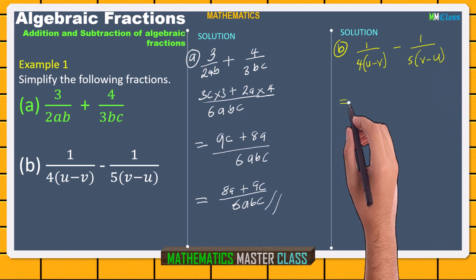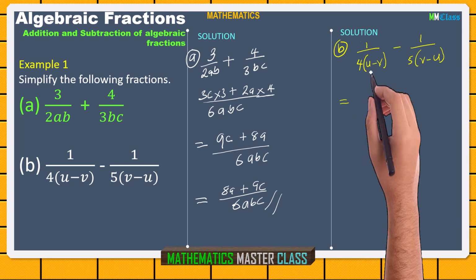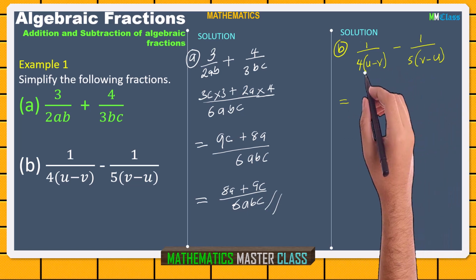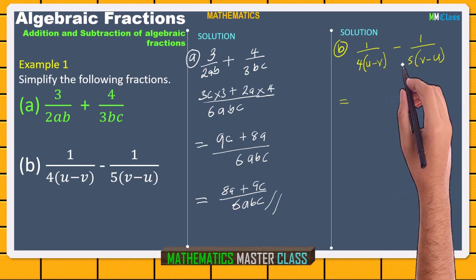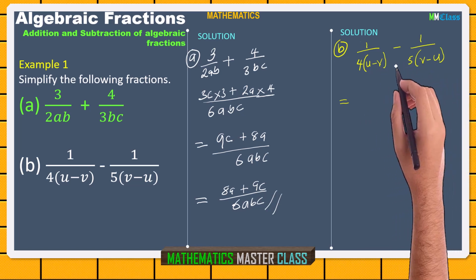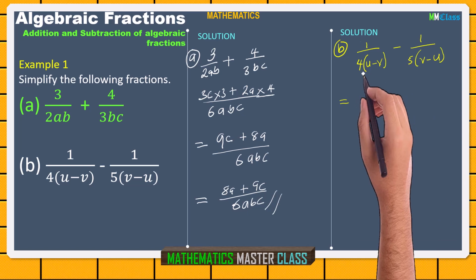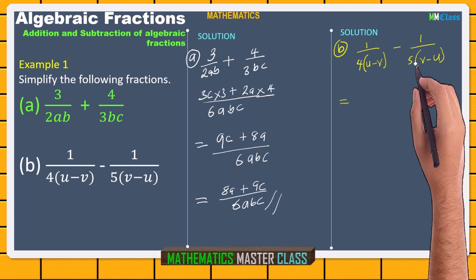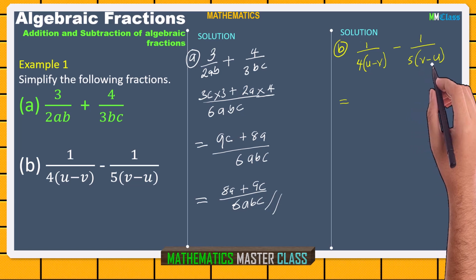So this will be equal to, now when you have a question like this, especially algebraic fraction, addition and subtraction, first of all check the denominators, because you are going to get the LCM of the denominators. The denominator of the first fraction is 4 open bracket u minus v, while the second one is 5 open bracket v minus u.